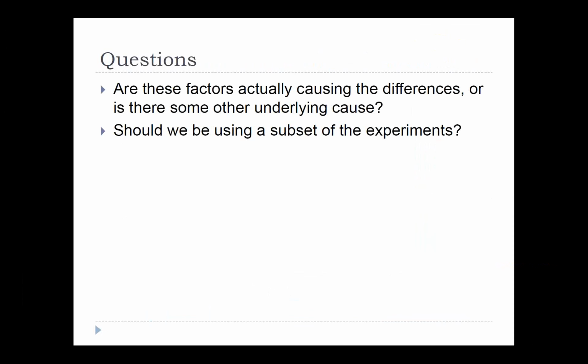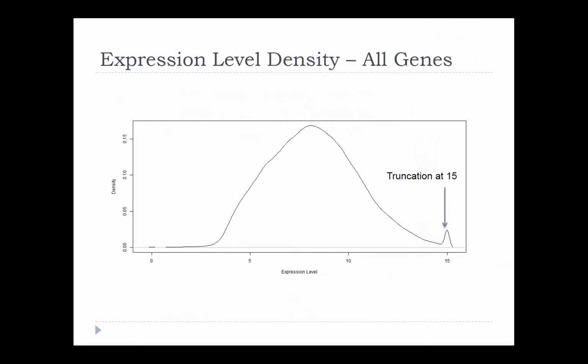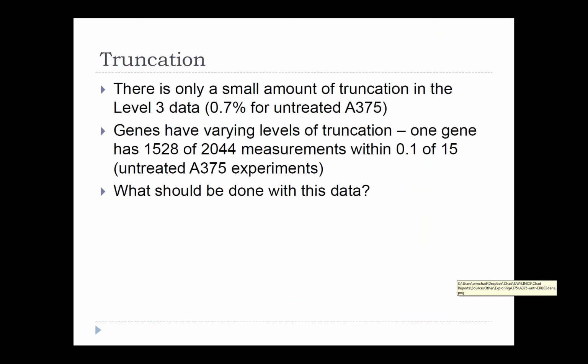And so another thing that I noticed is there is truncation in the level 3 data at 15, and it's not a whole lot of the data, and for most genes it's none. They don't get that high, but there are a few genes that are very significantly truncated.